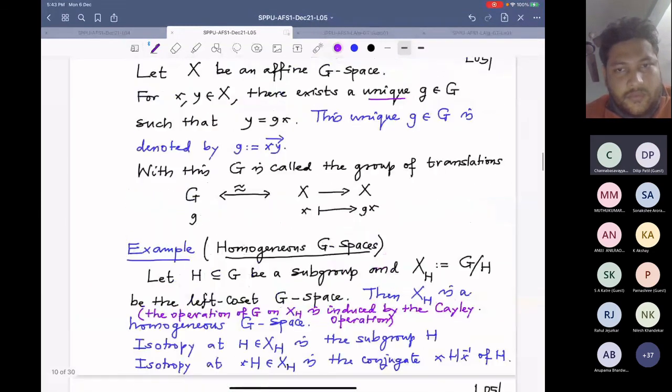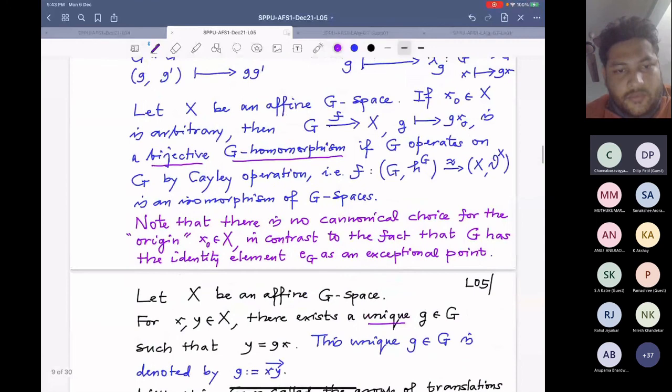This is the choice I'm saying. There is no special way to choose a point in X. For example, there is a very special element in a group G that we can always choose, namely the identity element. That is what it says here.